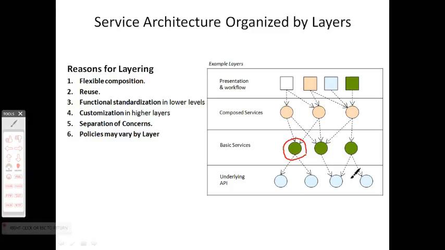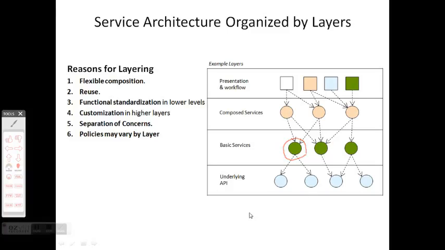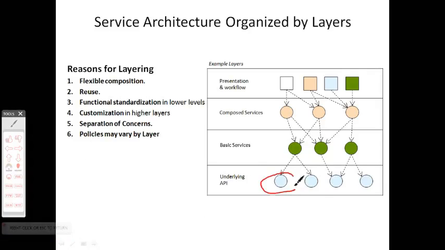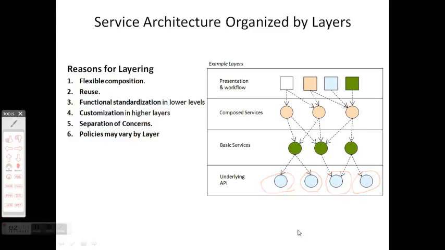These basic services are really important to be independent small pieces of business logic that only provide one thing, one service, and only provide the simplest type of operation that cannot be broken down any further, such as create an invoice, or calculate tax, for example.